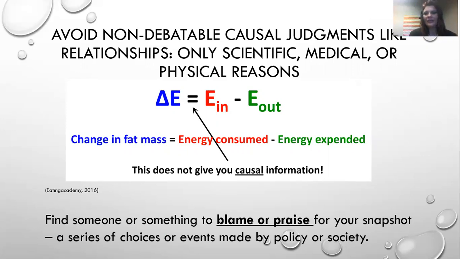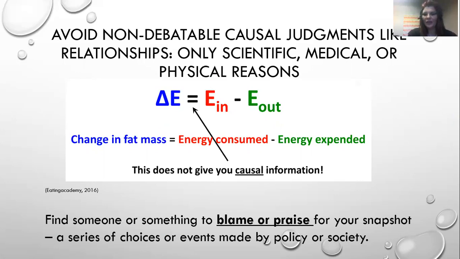debatable. You'll need to have something that's maybe political or social, maybe somebody to blame or something to blame that caused your snapshot or will cause some effects after your snapshot. So make sure you have something, either society or policy-based, some kind of judgment, rather than medical or physical or scientific reasons.